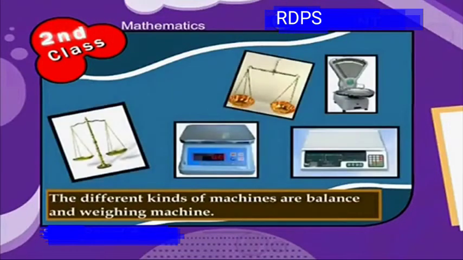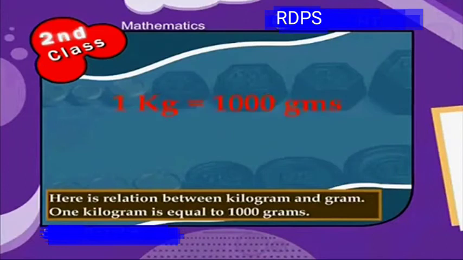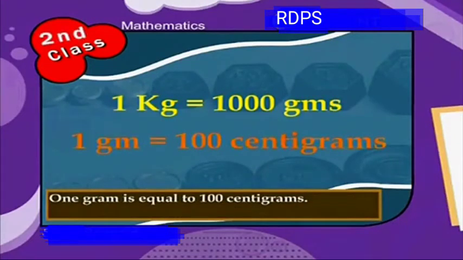The different kinds of machines are balance and weighing machines. Here is the relation between kilogram and gram. 1 kilogram is equal to 1000 grams. 1 gram is equal to 100 centigrams.